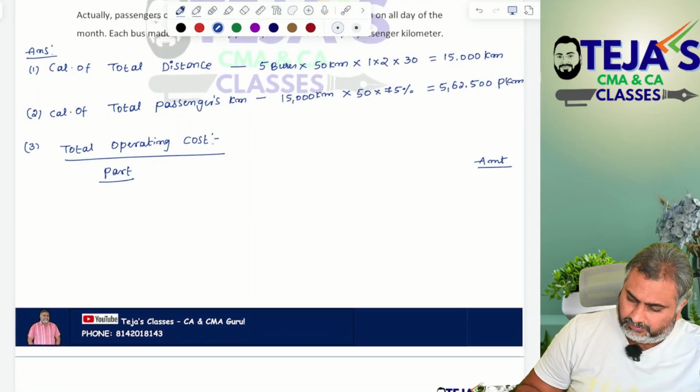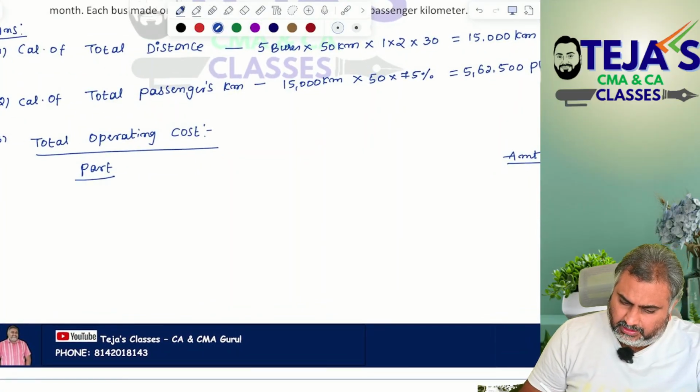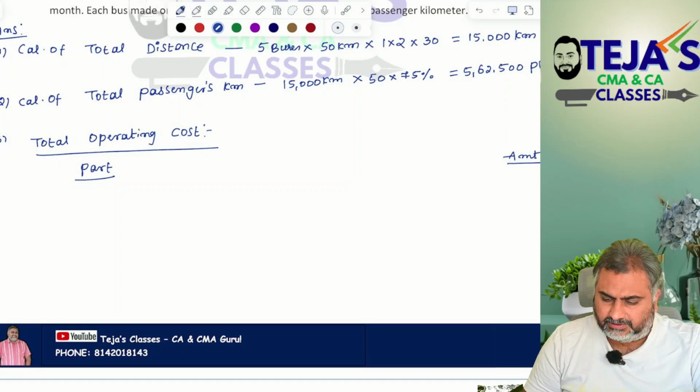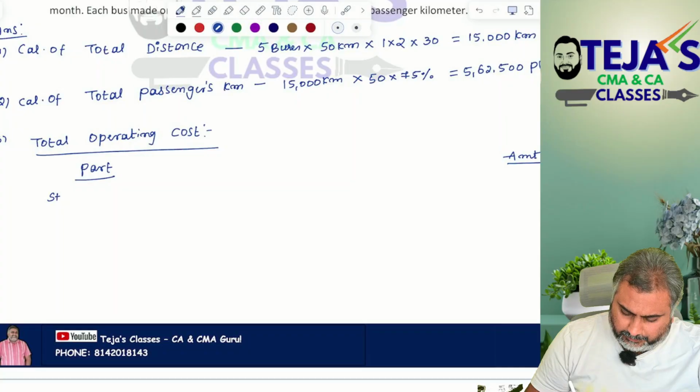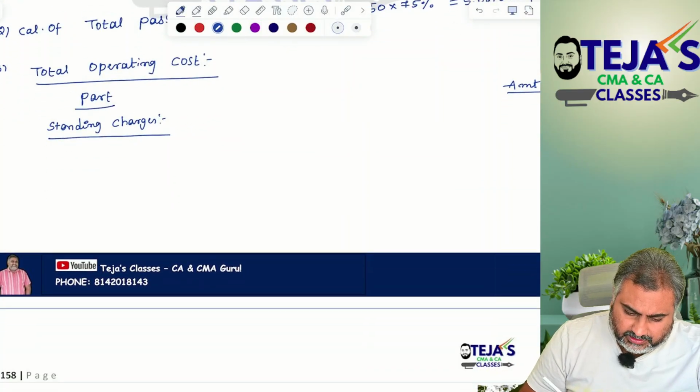Particular amounts. Already I told you to split the expenses like that. So for this question, let's start with standing charges. Which expenses will come?